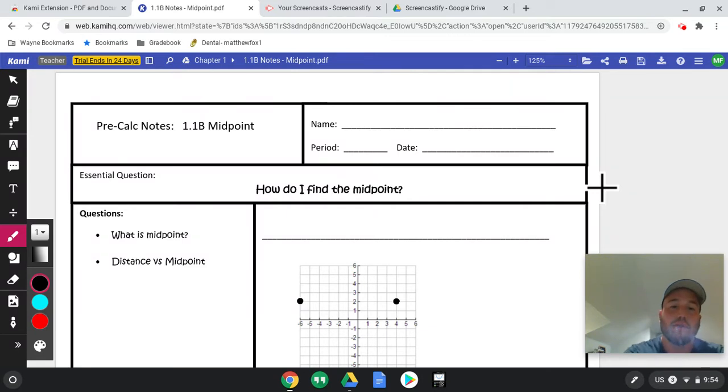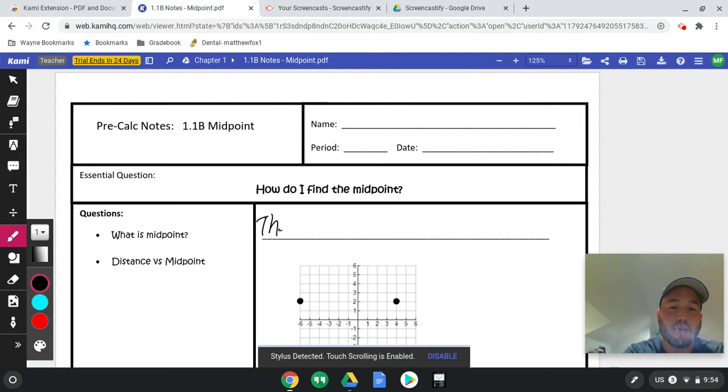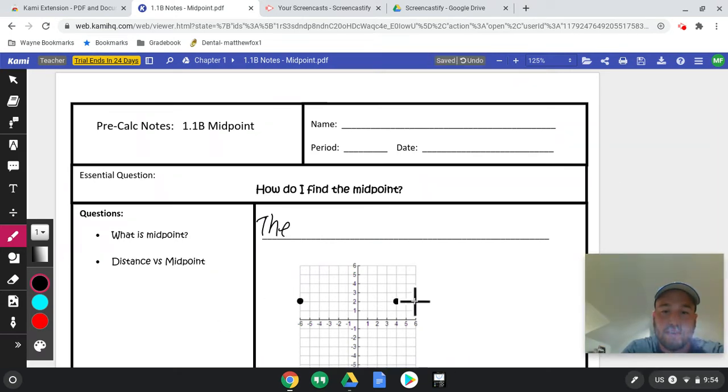If we're trying to find the midpoint, if we look at this picture with these 2 points, the midpoint is somewhere in between, and not just anywhere along that line, but directly in the middle. In our case, it's going to be right about there. So it's the middle point between 2 points.